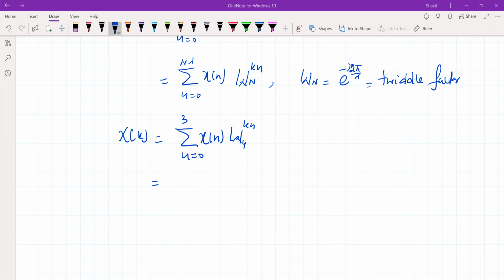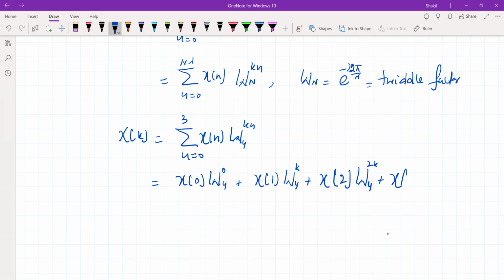This will be x of 0 W4 to the power 0 plus x of 1 W4 to the power k, x of 2 W4 to the power 2k, plus x of 3 W4 to the power 3k.